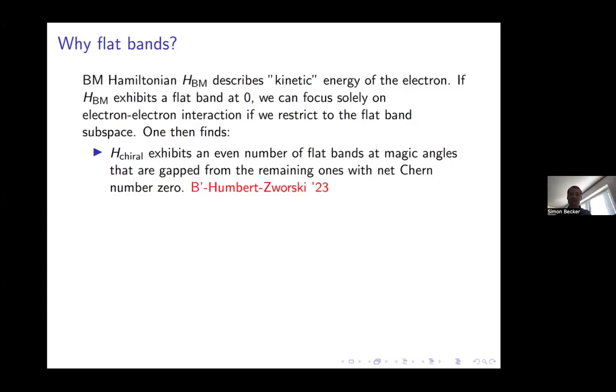So what physicists like to do when they make analytical arguments on this is that they say, I consider my electron being confined to this spectral subspace that is given by these Bloch eigenfunctions that are associated to the flat bands. Okay, so my electron lives in there, and then I put some electron interaction on top of that.